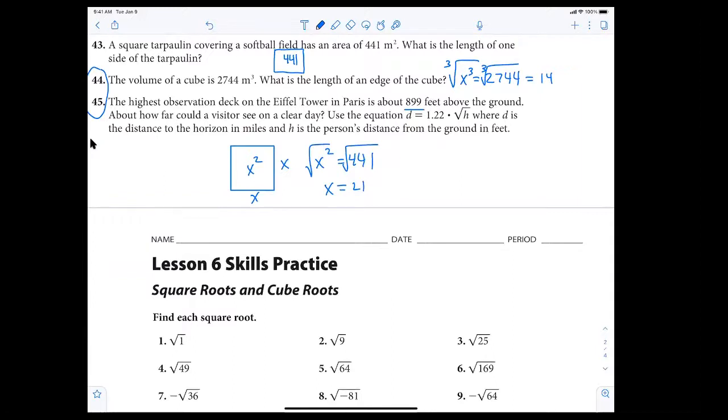The highest observation deck on the Eiffel Tower is 899 feet above the ground. About how far could a visitor see on a clear day? Use the equation: distance equals 1.22 times the square root of h. So you should have said the distance you can see is 1.22 times the square root of 899. And what did you say that was? It was 36.579.